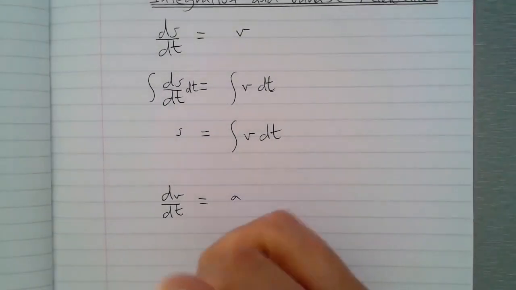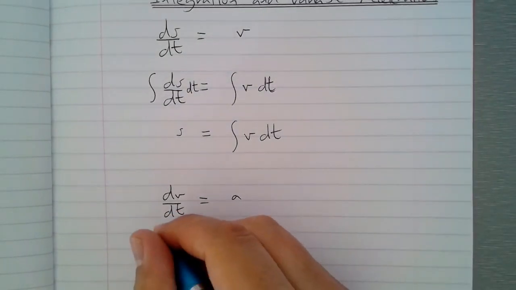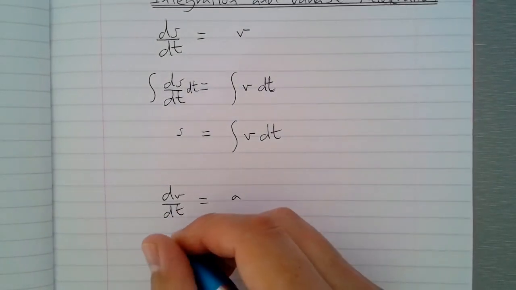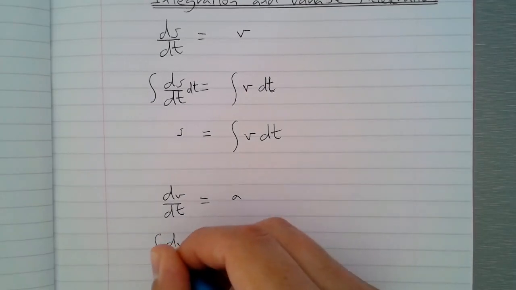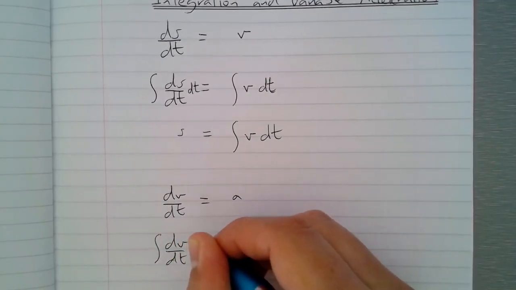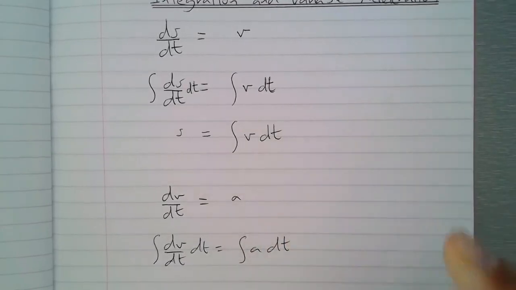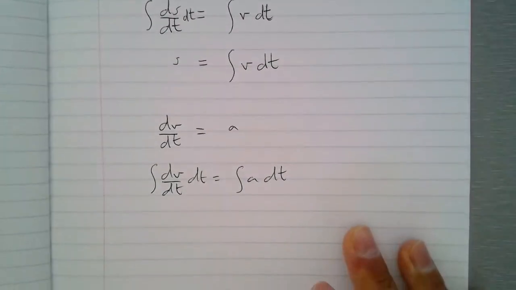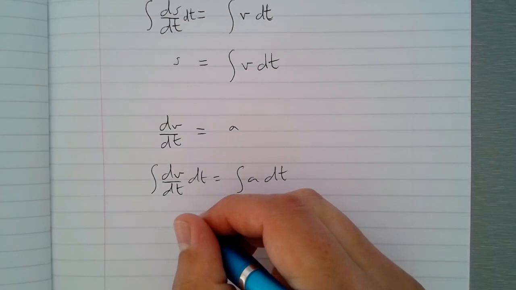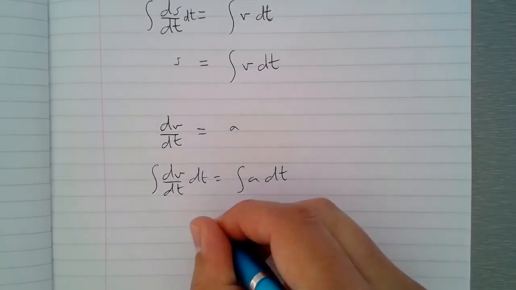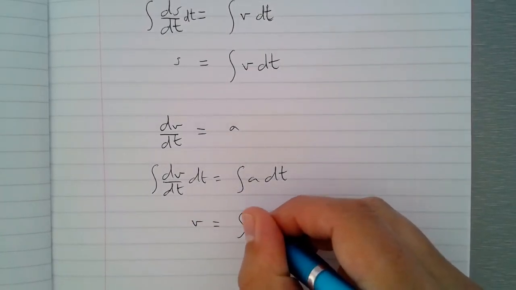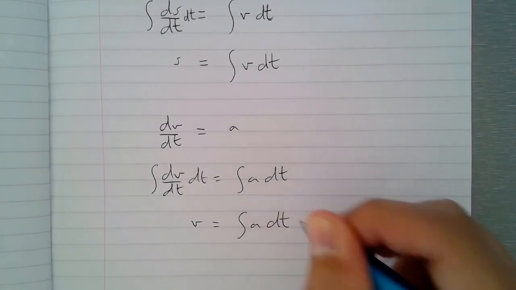Hopefully you've integrated both sides with respect to time, and this leaves me with velocity is equal to the integral of acceleration with respect to time.